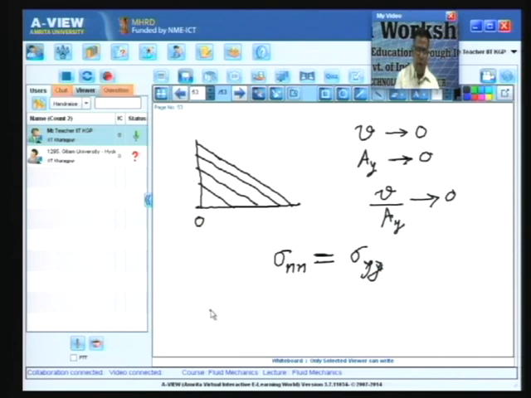So, we have this relation that sigma x x equal to sigma y y equal to sigma n n.